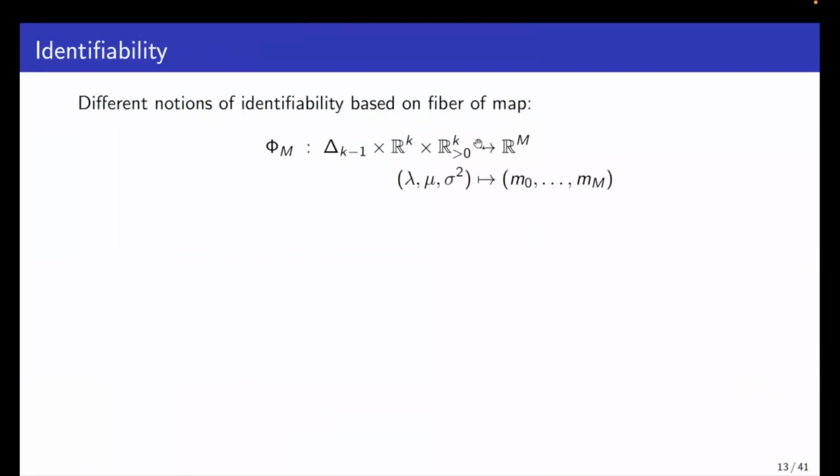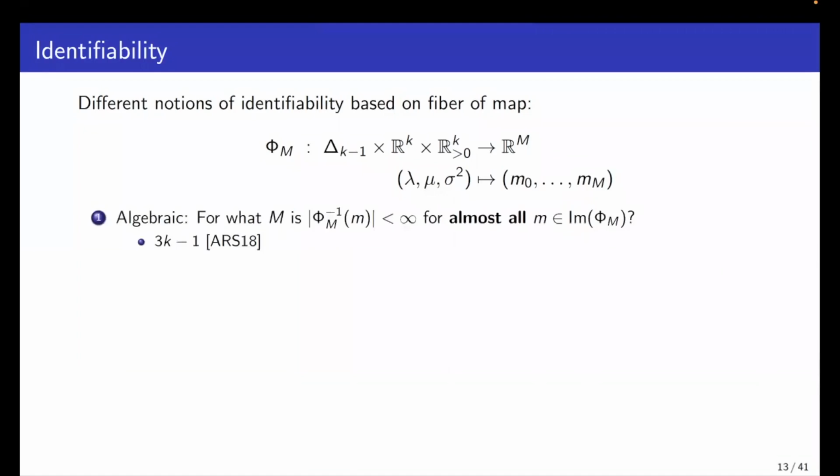I take my mixing coefficients, my means, and my sigma squared, essentially all possible parameters corresponding to a Gaussian k mixture model, and I map them through the moment equations M0 to M sub big M. And then I look at a fiber above a point in this image.